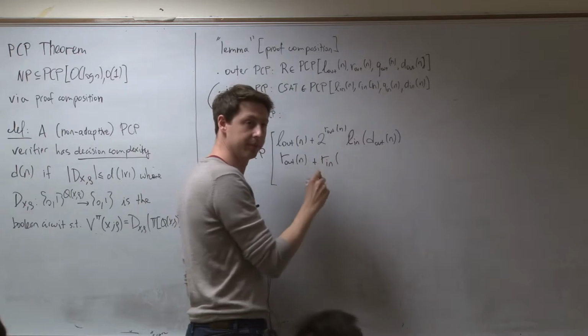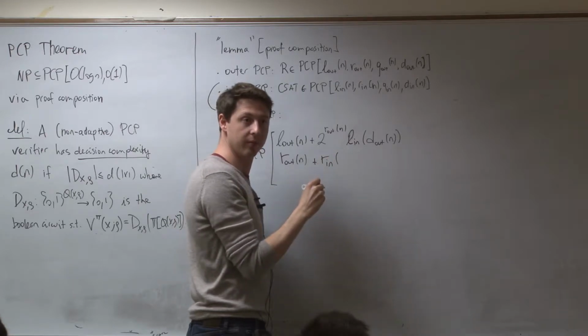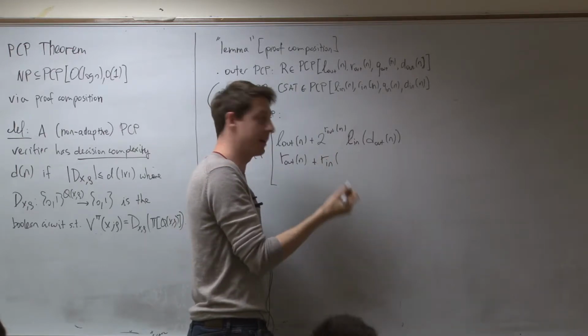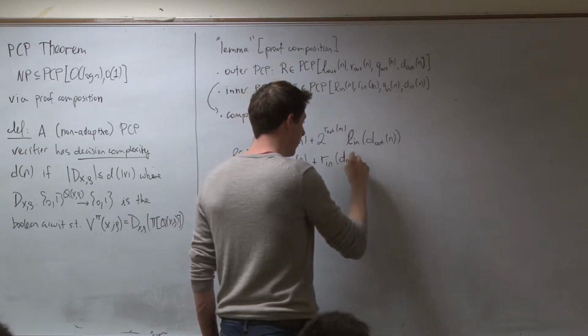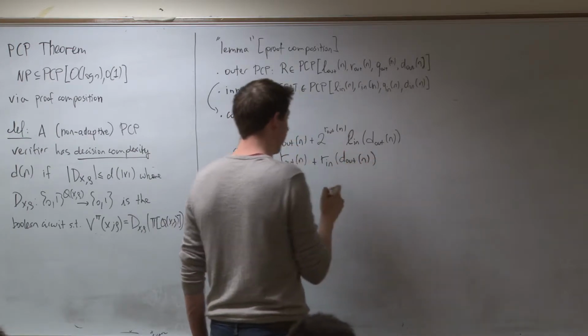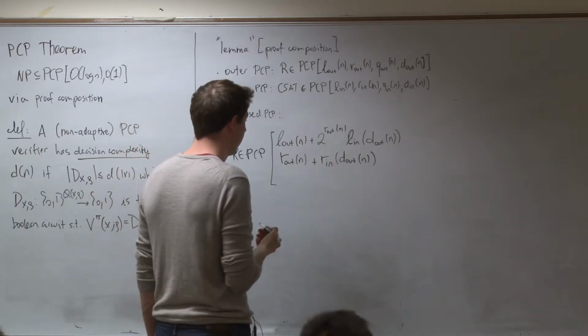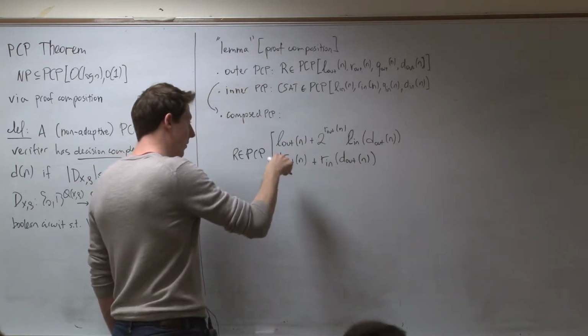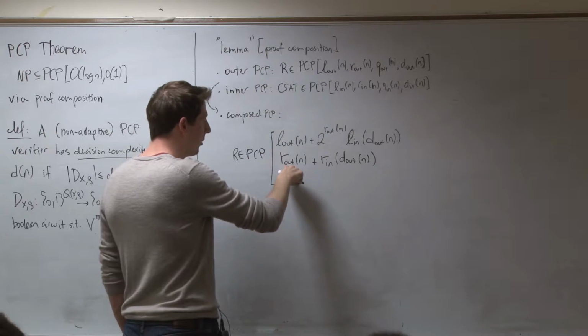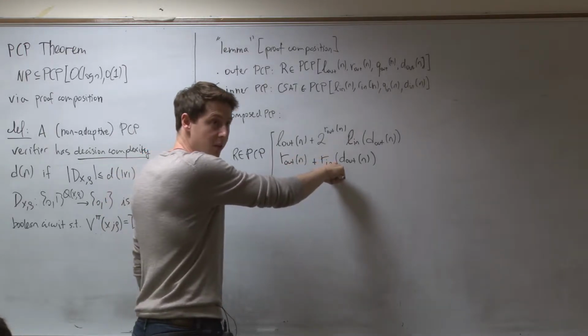The same thing, D_out(n), because that's what the inner PCP is called upon to check: something of size D_out(n). So we'll have a random execution of the outer one, and then we'll check that one with a random execution of the inner one.